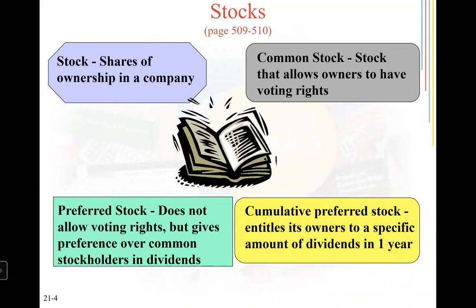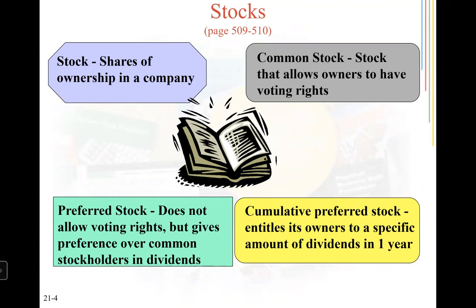So if the company makes a profit each year, they'll decide how much of the profit they're going to give to the shareholders and how much of the profit they will keep in the company for expansion, for development of the company, and so on.